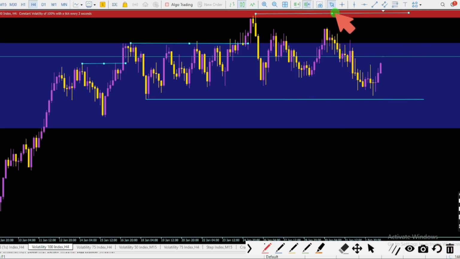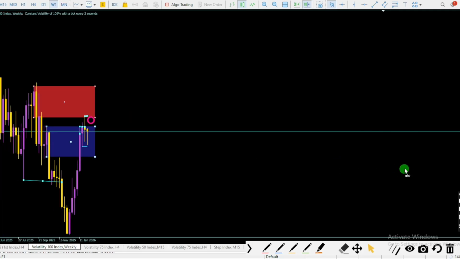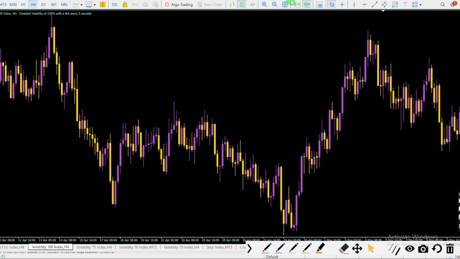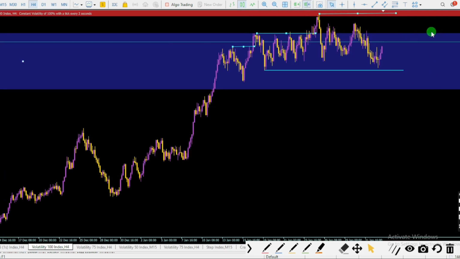So at this point, this is all happening because remember, we are in a weekly supply. So this is market trying so hard to take a decision to either continue to the upside and break those supply zones, or to just break low and change direction to the downside.